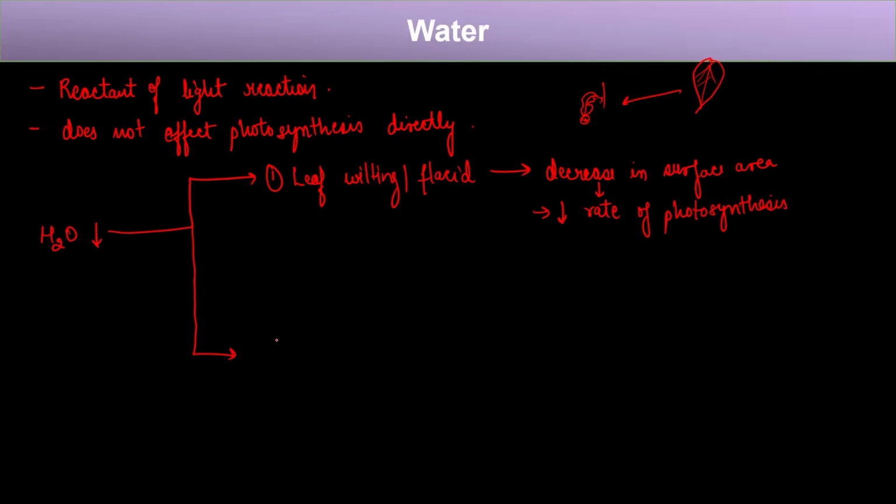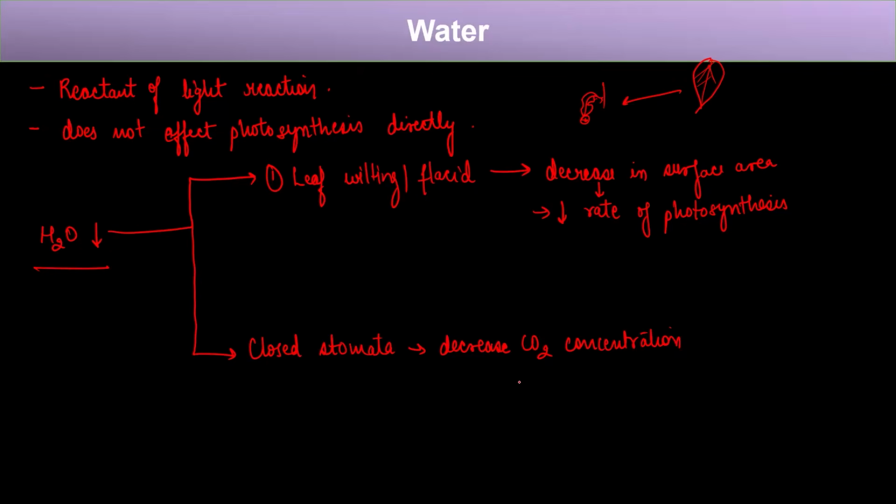So this is the first thing. Now, when there is low water concentration, the stomata will be closed. If the stomata are closed, there will be decreased CO2 concentration, because less CO2 will enter.